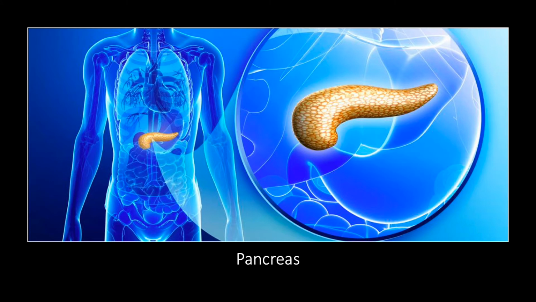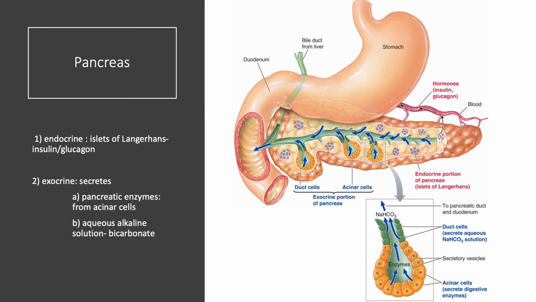All right, now we're going to talk specifically about the pancreas. Here's another view, and you can see the stomach outline here that would be in front of it. It's this elongated gland. We mentioned the pancreas has both endocrine and exocrine function. Just a quick touch on the endocrine function.